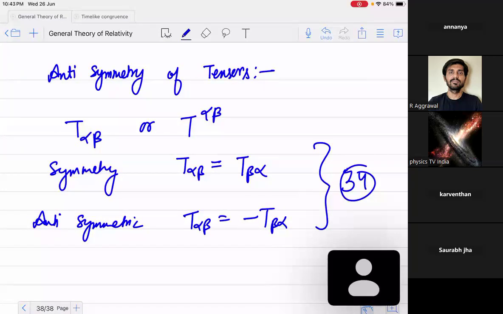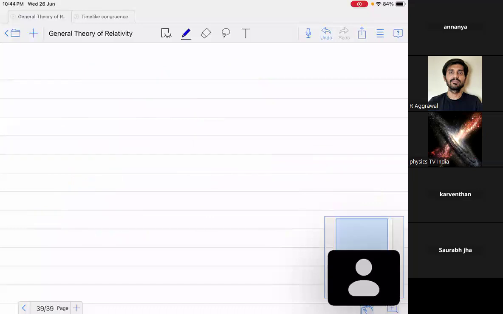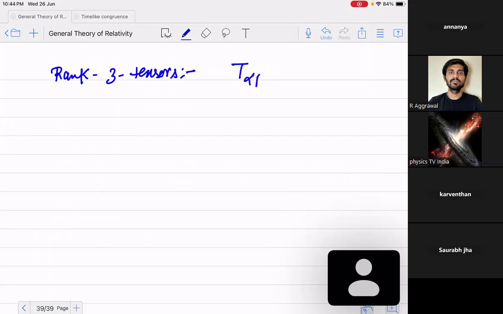Now let's discuss a rank 3 tensor, either covariant or contravariant. Rank 3 tensor means alpha, beta, gamma, either this or alpha, beta, gamma.